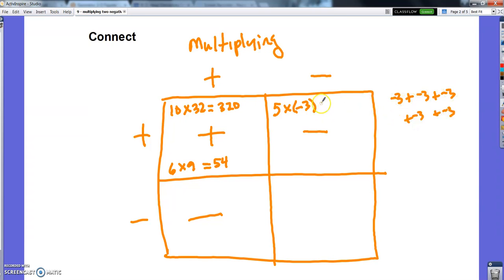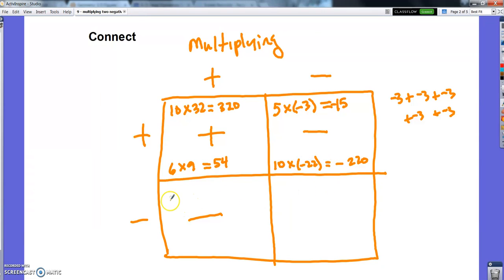And if I add all those up, that would be negative 15. And so similarly, 10 times negative 22, the number would be 220. And because it's one positive times one negative, it would be negative.